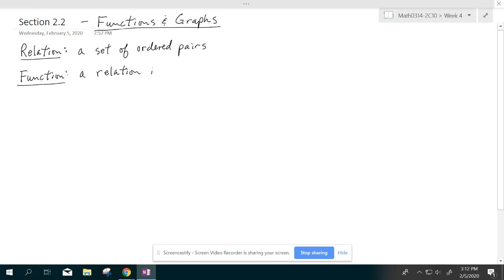It's a relation in which each X can have only one Y. Only one Y. A relation is a function. A function is a relation in which each X can have only one Y.